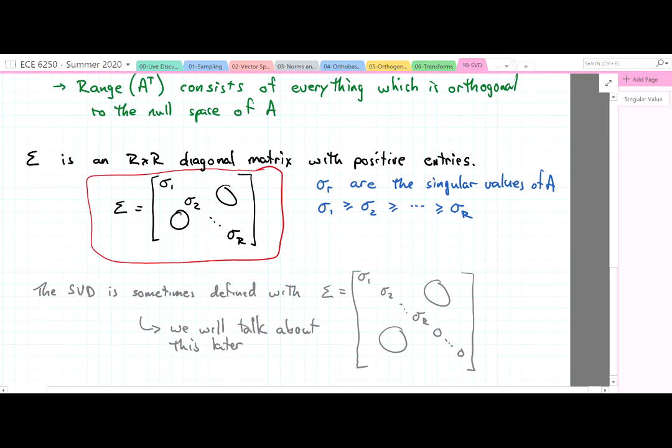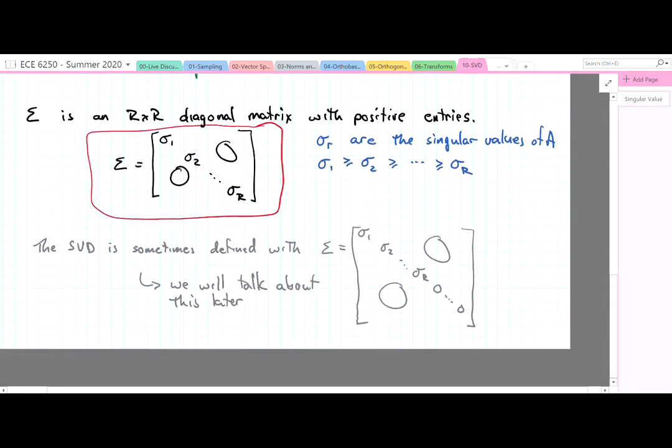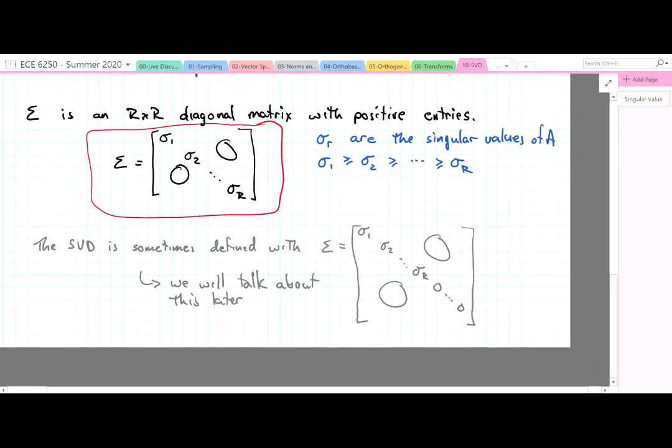It's R by R, which is the smallest one. It's also possible to define that as a larger matrix. We're going to end up padding our V's with additional vectors, and then adding zeros in the SVD. So this is sometimes done. We'll talk about it later. But for now, that's the definition of the SVD.